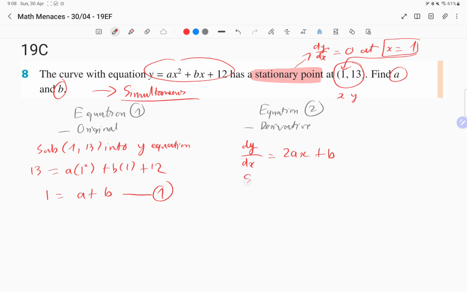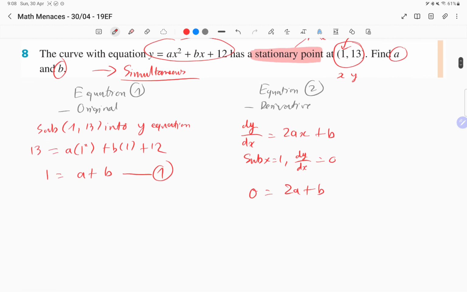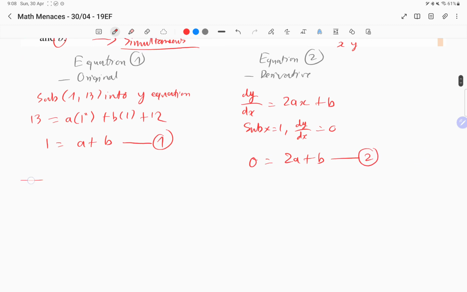So we sub x equals 1, dy over dx equals 0. So you got 0 equals 2a plus b. There are two ways of solving this simultaneous equation. I'll show you both methods.